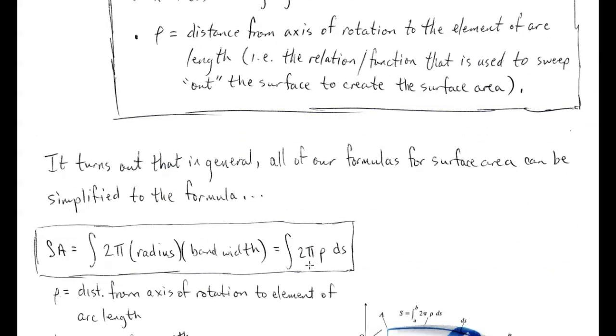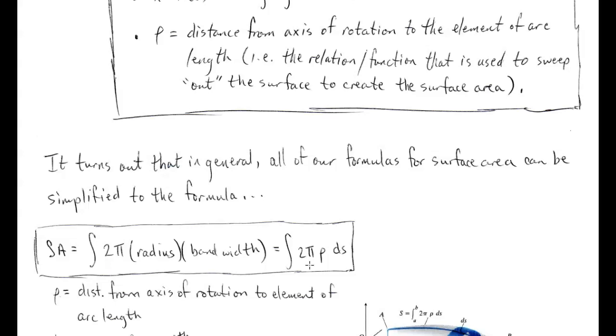Okay, and so in doing that, it turns out that we have an even more simple, and I hesitate really to say simple, more conceptual formula for the surface area in this case. And it just ends up being, hey, if you can identify what the radius is and you can identify what that bandwidth is, then you could write it that way.